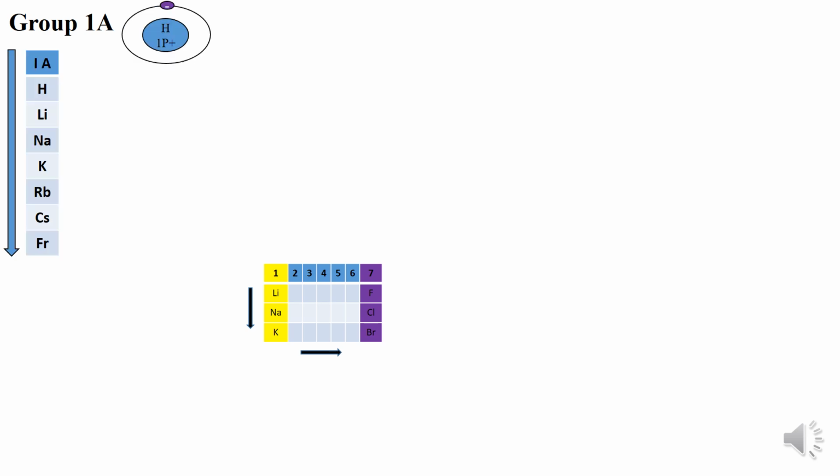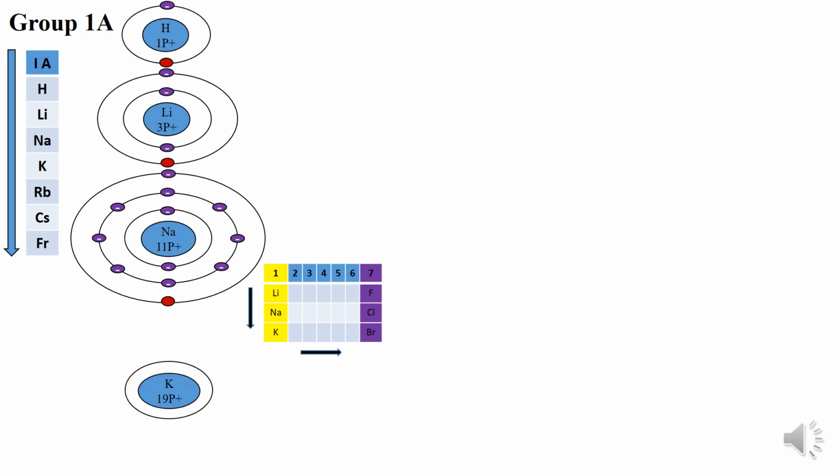Now talking a little bit more about the ionic bond formation between the metals like lithium, sodium, potassium, which belong to group 1 of the periodic table, and halogens that belong to group 7 like fluorine, chlorine, bromine and iodine. So group 1 elements have 1 electron in their outermost shell.